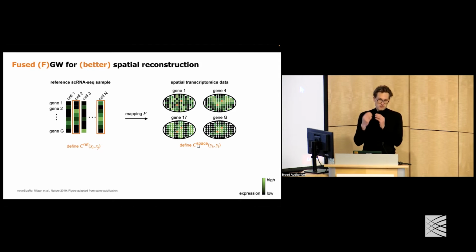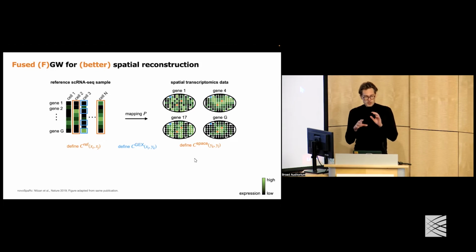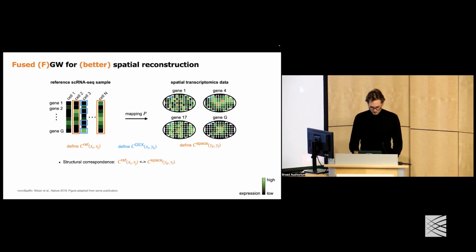We can define a spatial distance in that domain, but now also within those genes that are shared, so in this case, gene 1, 4, 17, and gene G, we can actually make one-to-one comparisons between cells in transcriptome space and, well, between cells in the single-cell RNA-seq sample and between cells in the spatial sample.